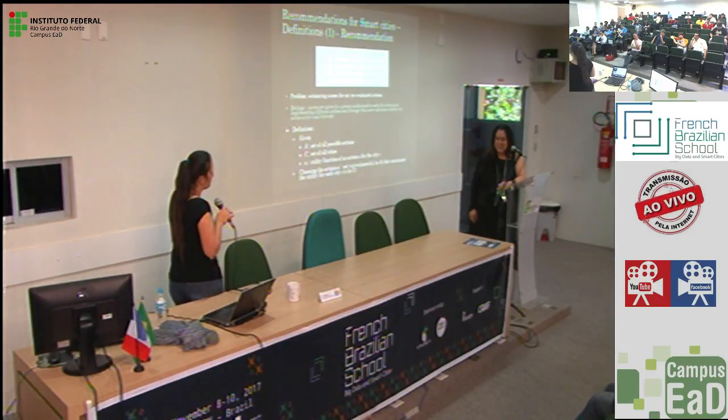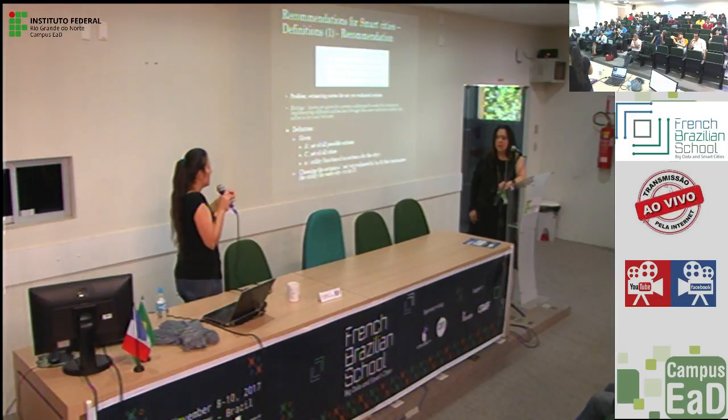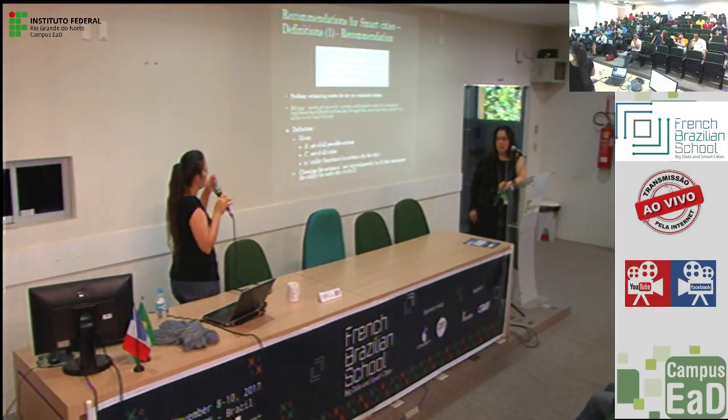In the topic of smart cities, it's just the beginning of the cultural implication. But if you take other topics, less related, like crisis management, for example, they have already done some work on the cultural impact on preparedness for crisis.